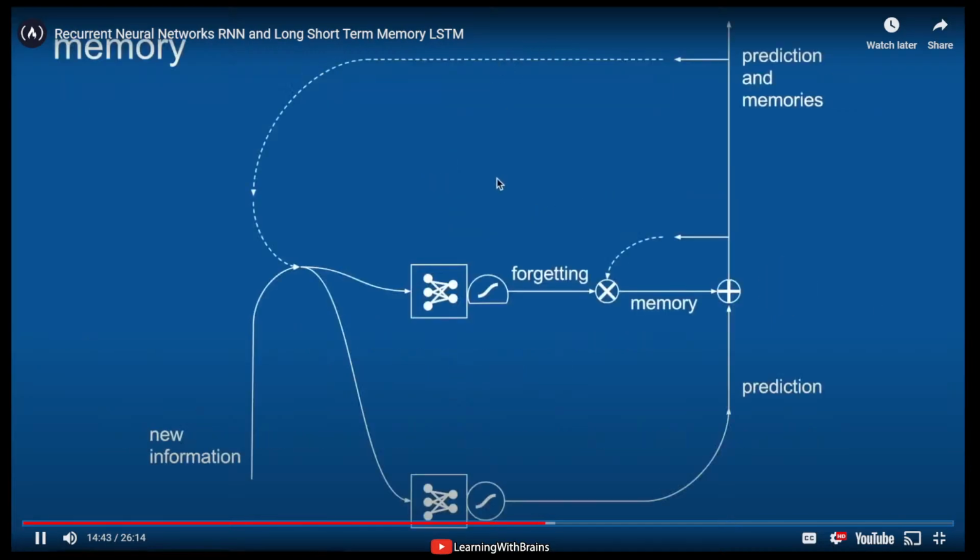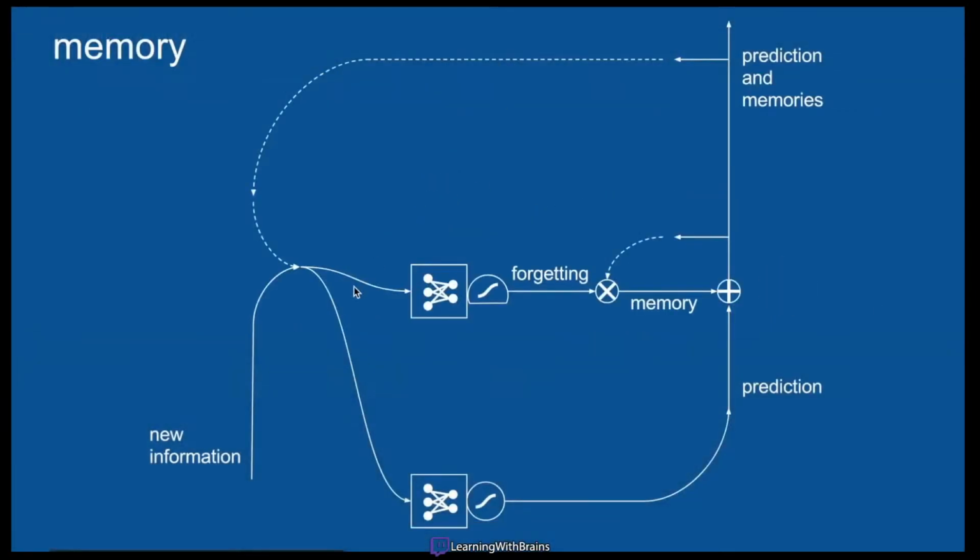Now, when we introduce all of these together, we still have the combination of our previous predictions and our new information. Those vectors get passed, and we make predictions based on them. Those predictions get passed through, but the other thing that happens is a copy of those predictions is held onto for the next time step, the next pass through the network.